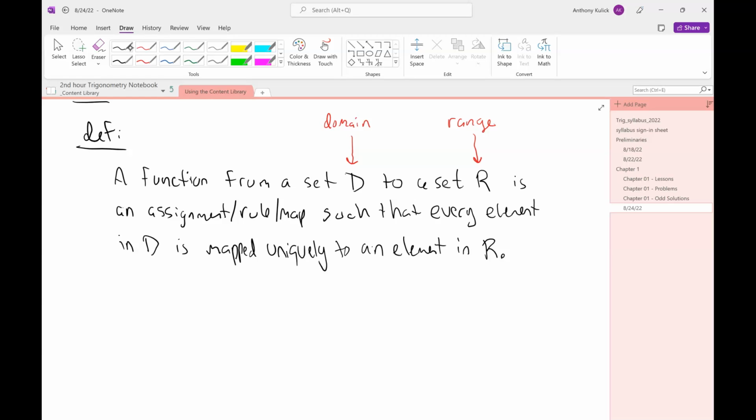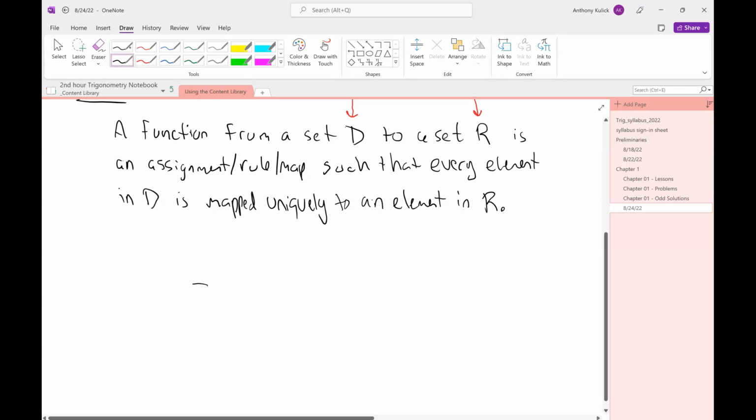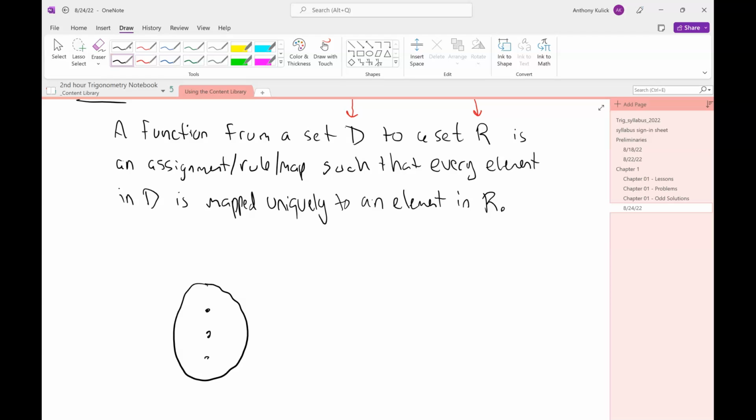easy to understand. So in our Algebra 2 class, we would have talked about some different ways to represent functions, right? One of those ways to represent functions was with something called a mapping diagram. So a mapping diagram is like a visual representation of our function.